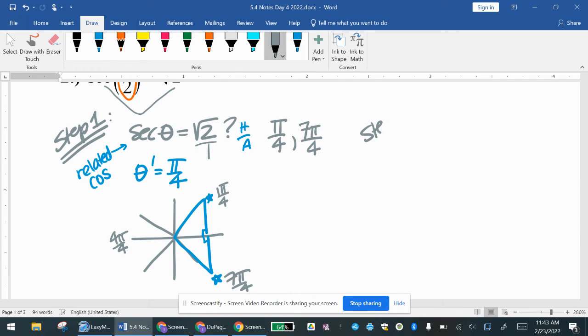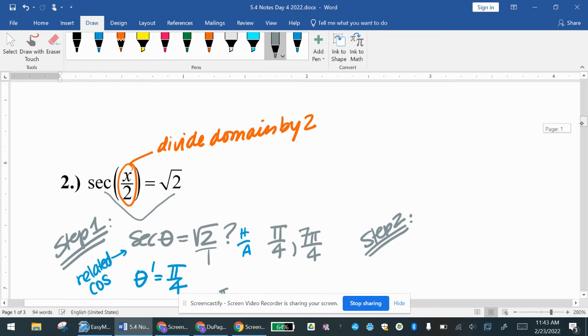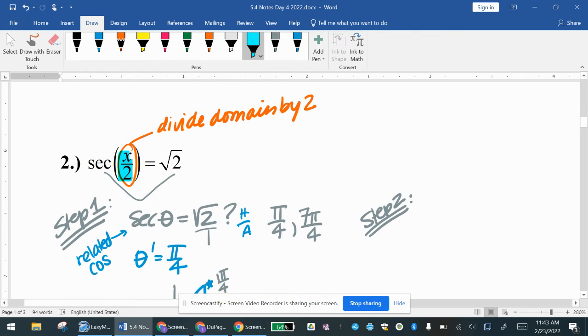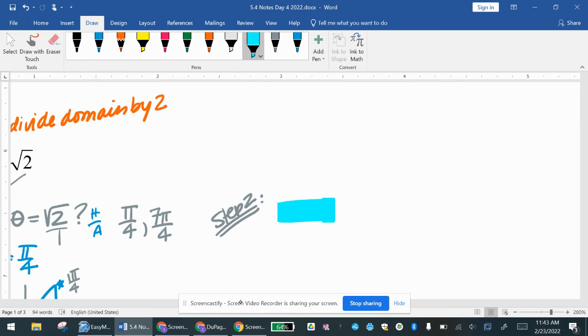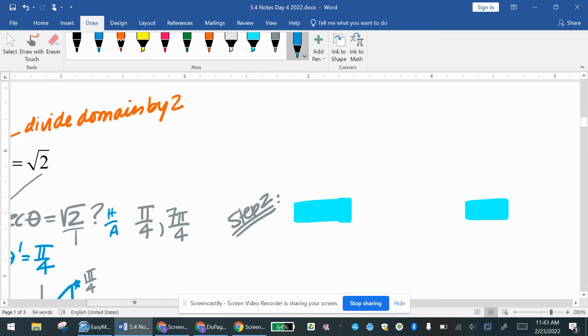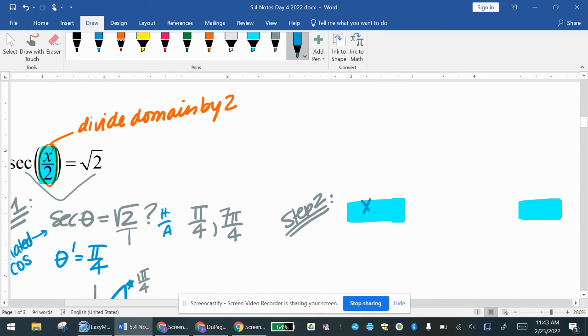So now in step 2, you're going to set the original angle, which was x divided by 2. You're going to set up two equations where you have that angle and its divisor. What is it? You're dividing it by 2. Right? That's what it appeared like in the original problem.